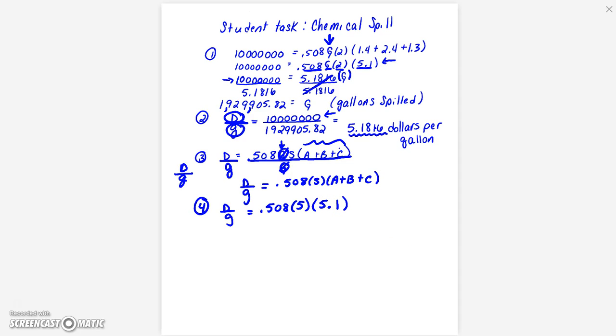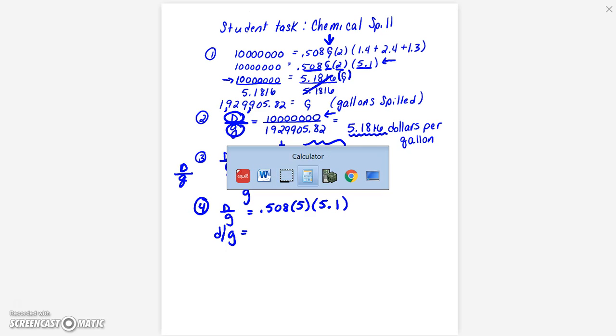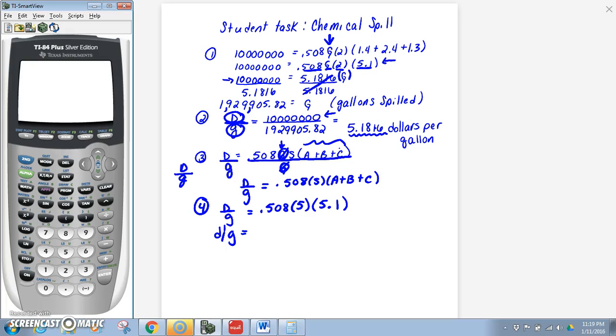Okay, so my dollars per gallon, again, is going to be, if I just multiply those 3 numbers together, so let's do that, 0.508 times 5 times 5.1. Okay, so dollars per gallon, the worst possible, is going to be $12.95.